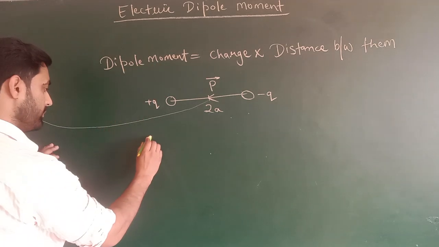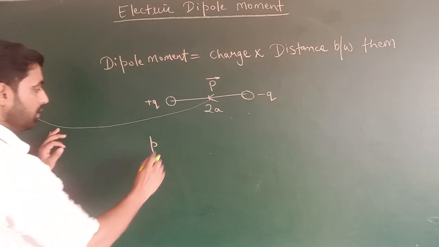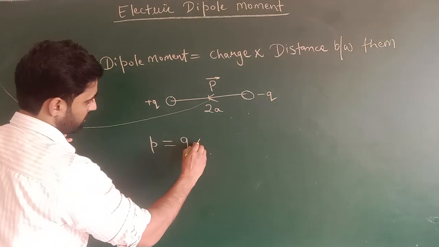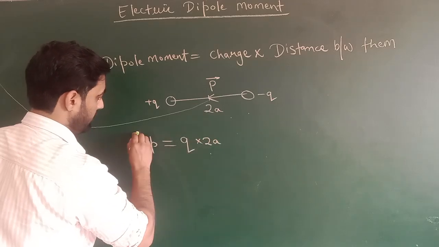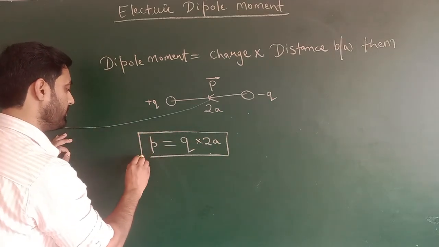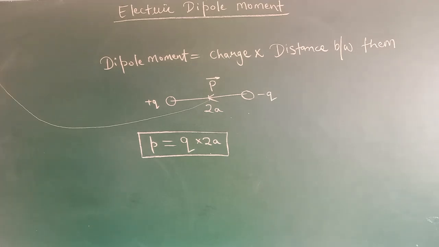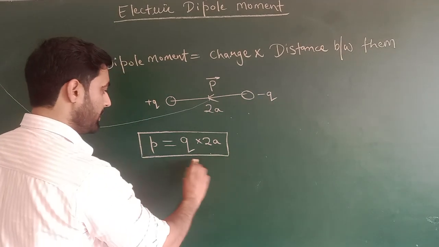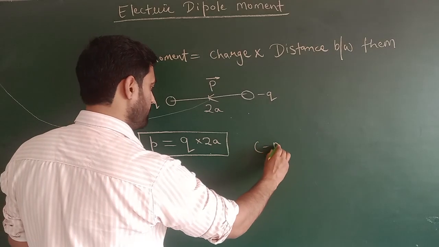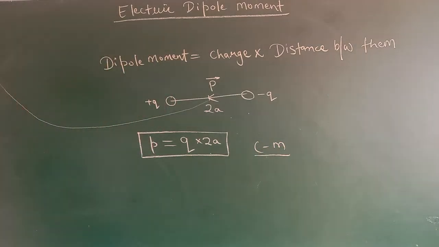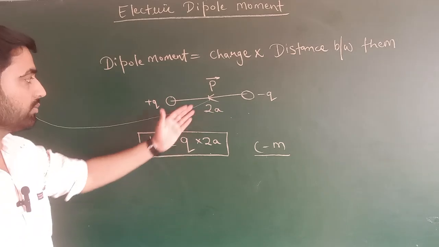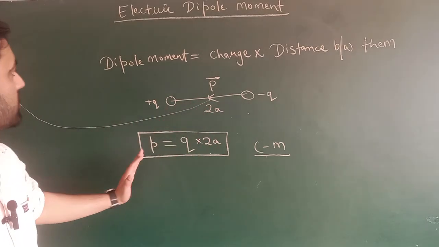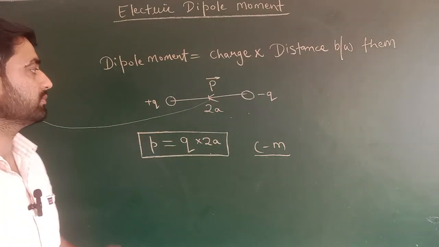The dipole moment, which I am writing as small p, will be equal to q times 2a. This is what we call electric dipole moment, and its unit will be coulomb meter. So electric dipole moment is the product of any of the two charges multiplied by the separation between them, that is 2a. That's it.